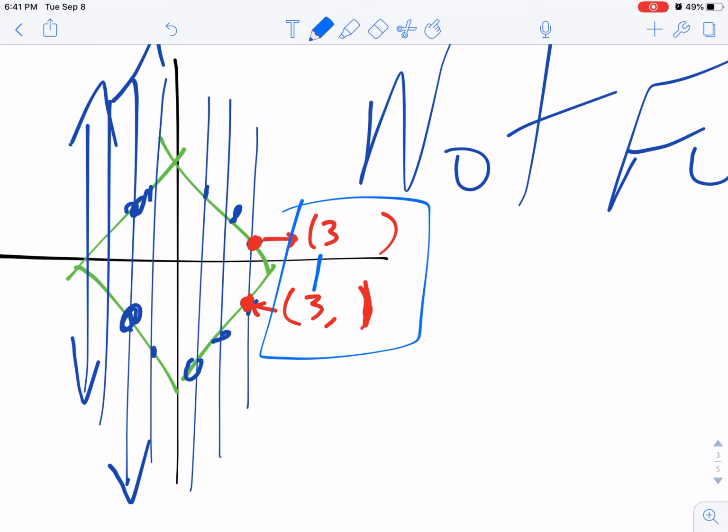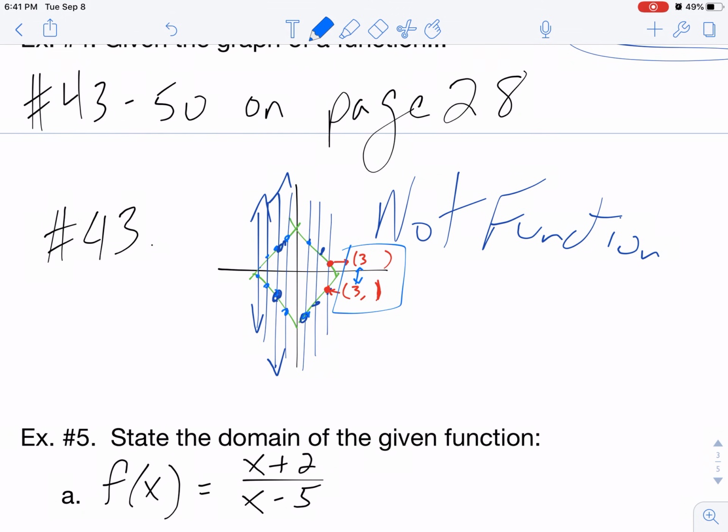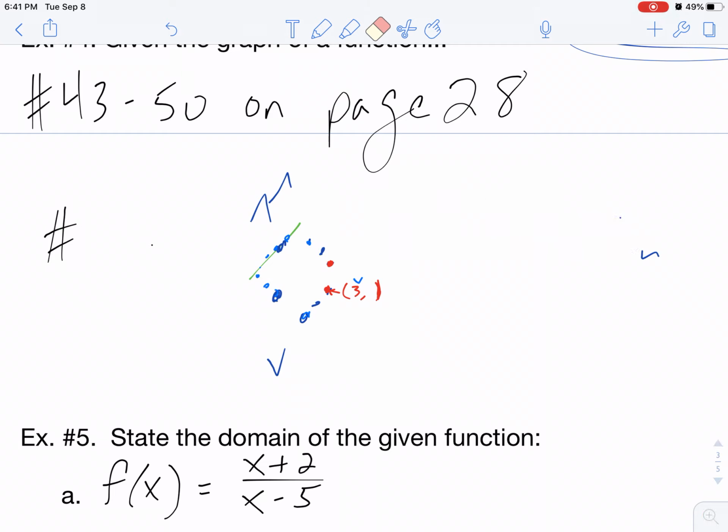All right, since the x values are the same, that really is just sort of a visual of what the definition is for a function. So the vertical line test is really just a visual representation for the previous definition, what we did back on example number 1. So I'll do one more of those on page 28.